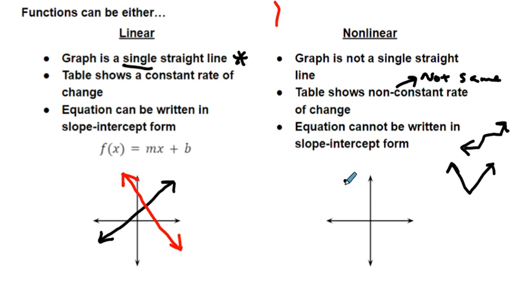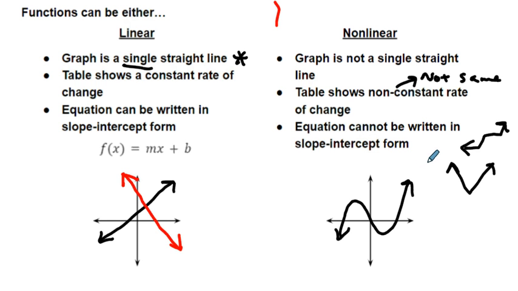You'll see, we'll get into this later, things like parabolas like this, right? That's nonlinear. We'll also see some things later on when we start talking about cubic functions that look something like this, right? And those are nonlinear functions.